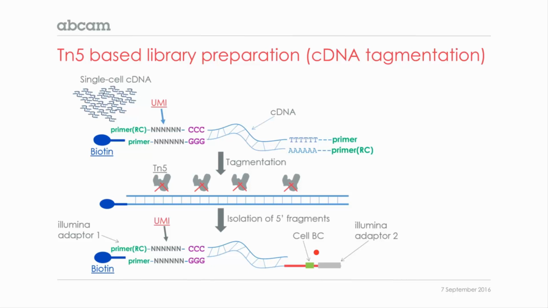And on the other side, we have the second Illumina adapter and what we call a cell barcode, which is just there in order to allow us to multiplex many cells on the same Illumina lane. So this is the last step in terms of the molecular biology, and now this material is ready for sequencing.